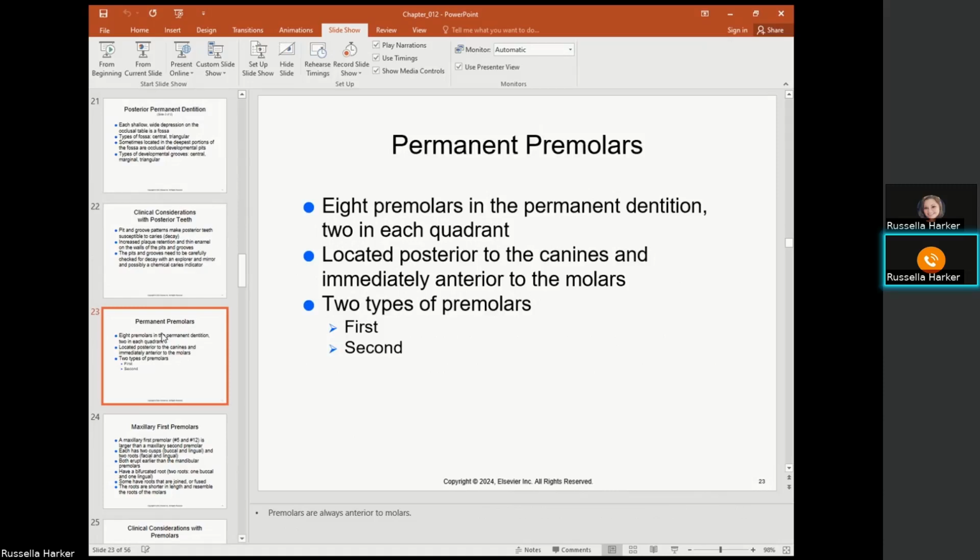So the primary molars are replaced with premolars, and that's because the adult molars actually come in behind where the primary dentition ends. There are only 20 teeth in the primary dentition, 10 in each arch. And as the mouth and the jaw grow, as that child grows, the molars grow in behind where those baby teeth are initially set.